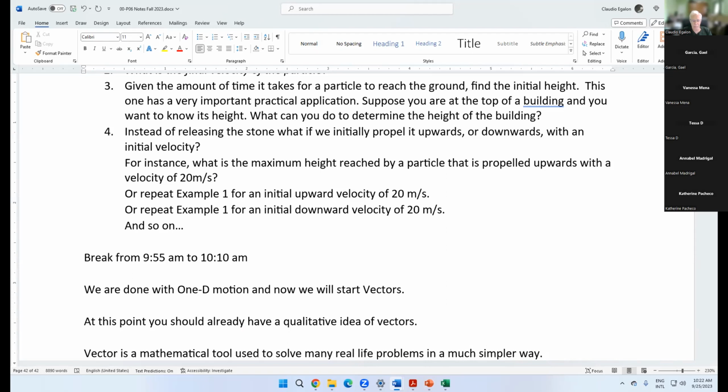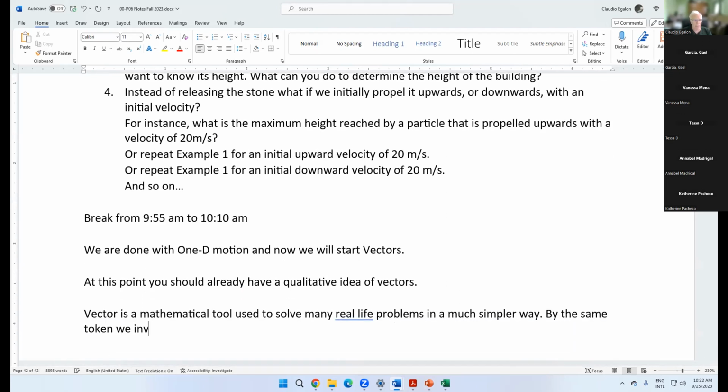Okay? By the same token, we invented the concept of numbers, right? Numbers. We also invented this concept of vectors.